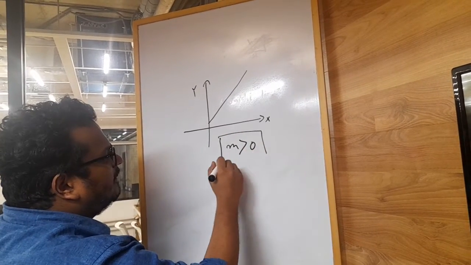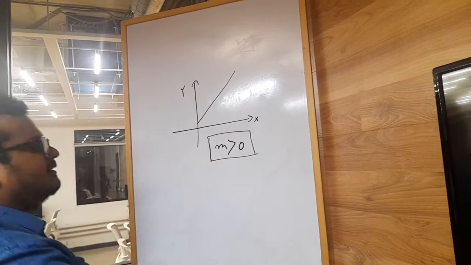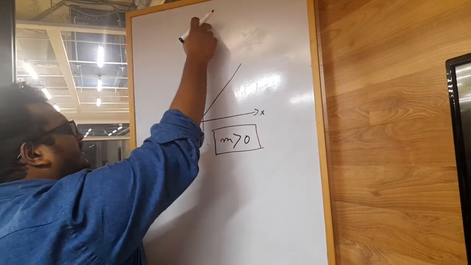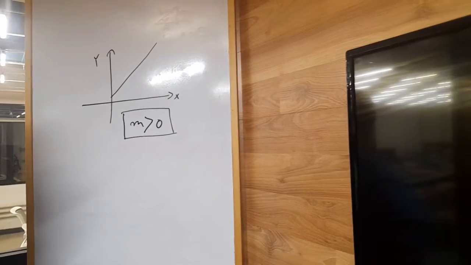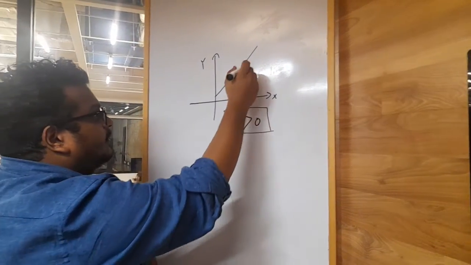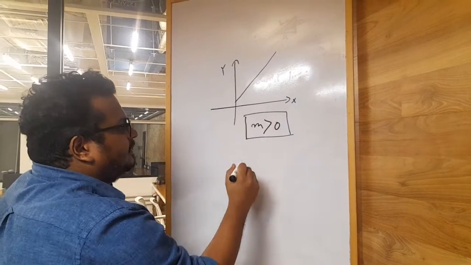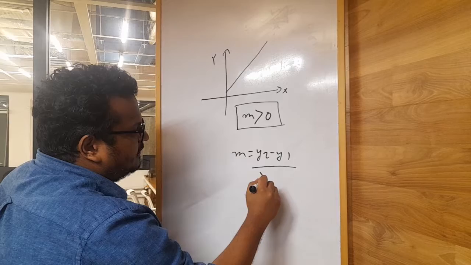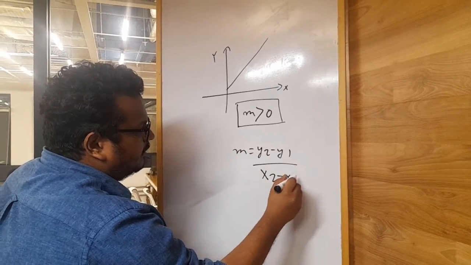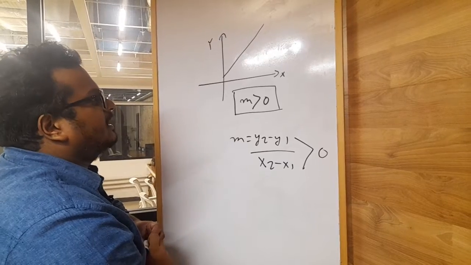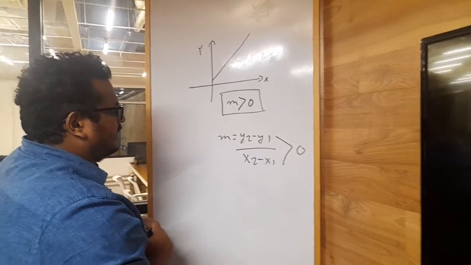Whenever you have an ascending straight line, that is, with the increased value of x, the value of y also rises. In this kind of line, the gradient is always greater than 0. So y2 minus y1 divided by x2 minus x1 will always be positive. This is for an ascending straight line.